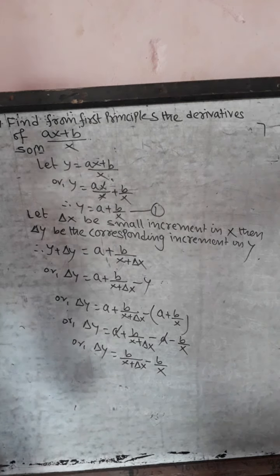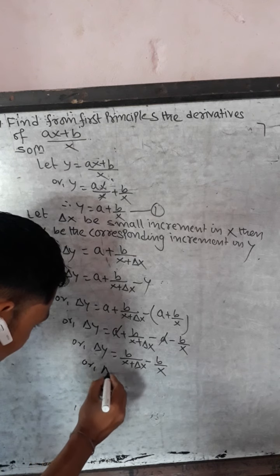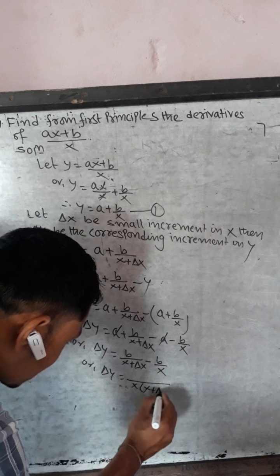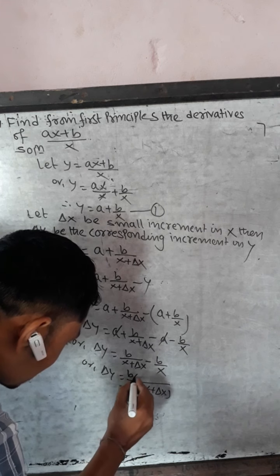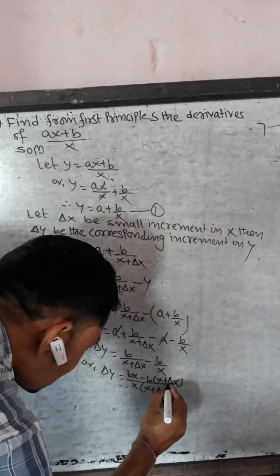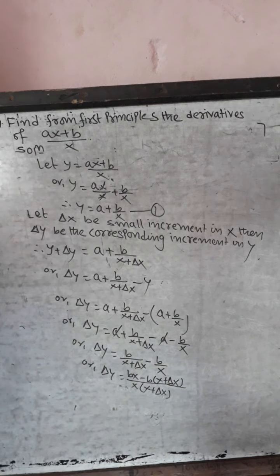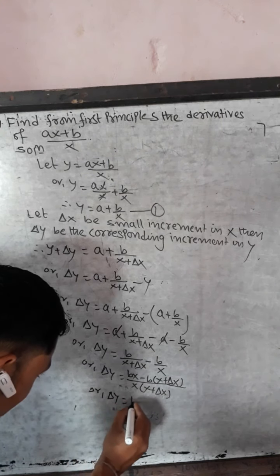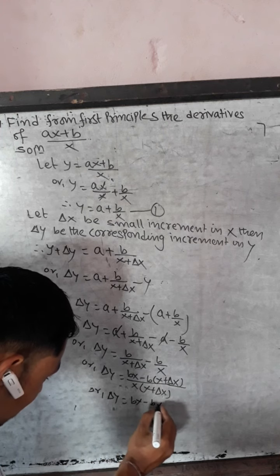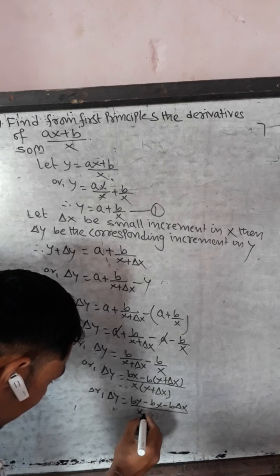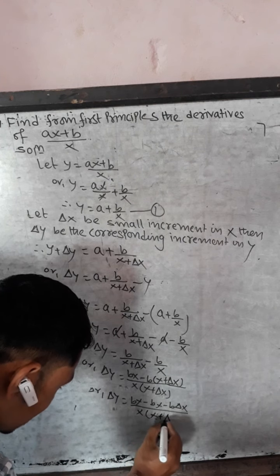Now take the LCM. Del y is equal to, x plus del x is the LCM, so bx minus b into x plus del x, or del y is equal to bx minus b x minus b del x divided by x into x plus del x.